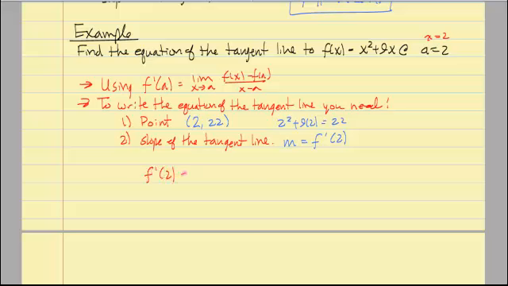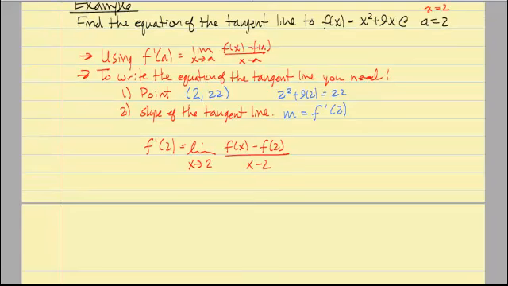f prime at 2, using that definition from above, is equal to the limit as x approaches 2 of f of x minus f of 2, all over x minus 2. Now, what is f of x? Well, f of x is our original function.